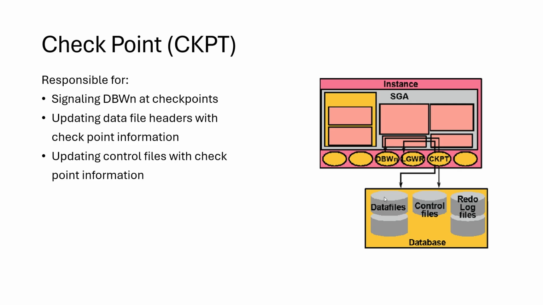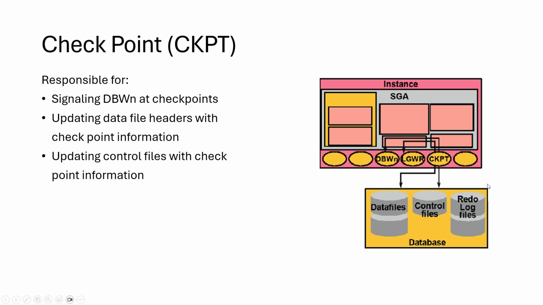Whenever there is a crash, the checkpoint and SCN play a major role in identifying which blocks need to be recovered and which blocks have been updated. All that information is available with the SCN, system change number, in the data file headers and control file header also. So this is very important.